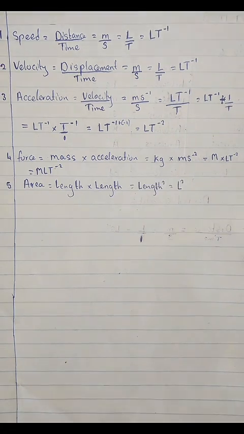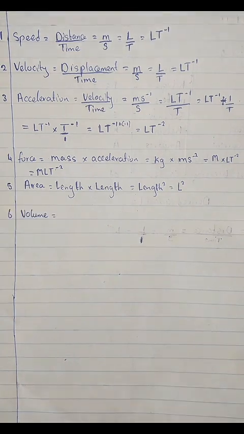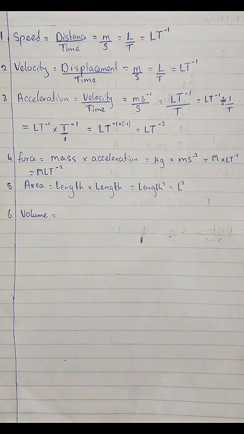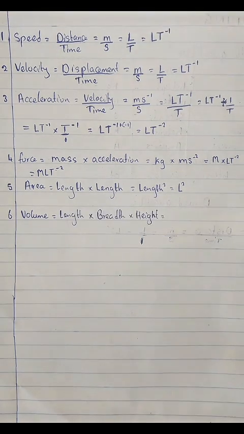So looking at the next one, we'll be looking at volume. How do we dimension volume? Now, what is the formula for volume? To find volume, recall that volume is length times breadth times height. So express them in terms of their units.